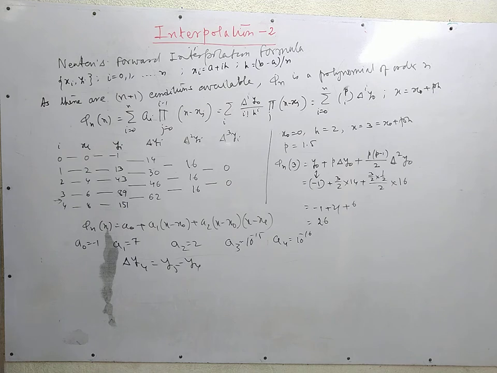That is, knowing the value of y, we can also get the corresponding value of x, as we have to do very frequently in actual experiments. And another thing, Lagrange's formula is also suitable for extrapolation. That is, if we want to find the value of the interpolating polynomial at x equal to 10, or for x greater than 8 or less than 0, Lagrange's formula can also be used suitably in such situations.